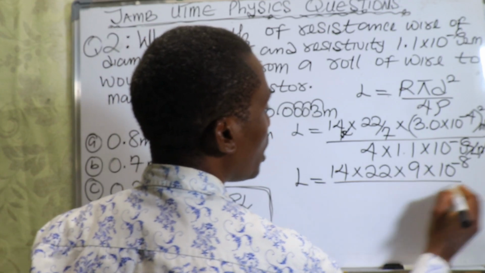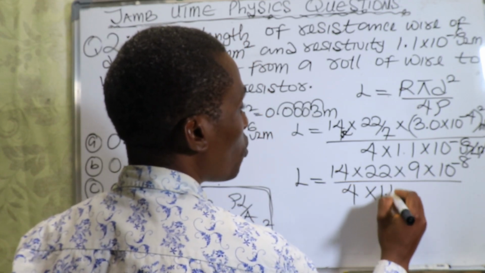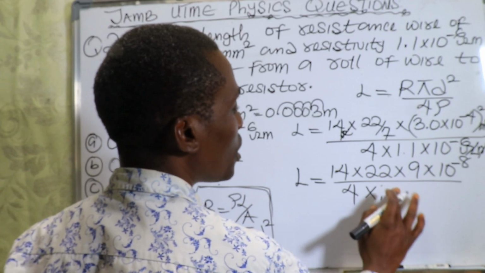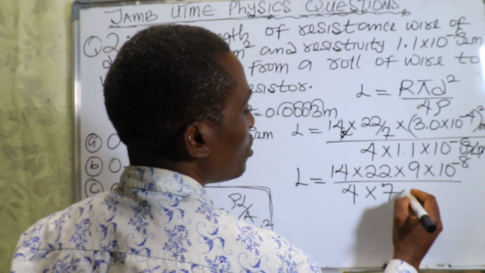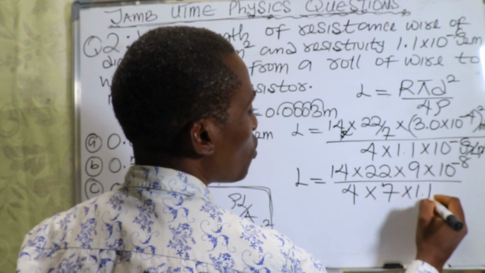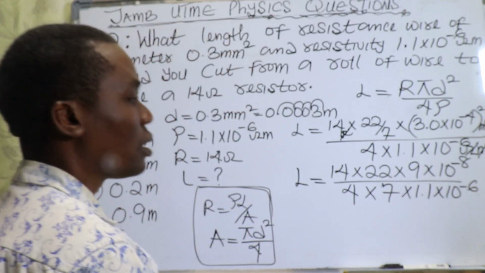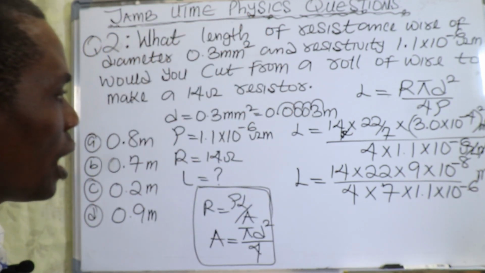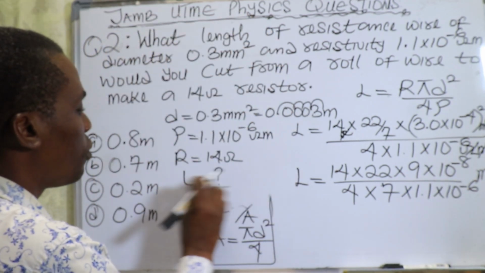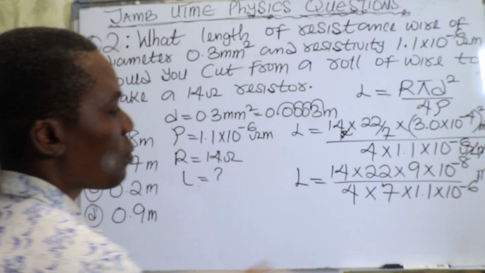All of these will be divided by 4 times 1.1, 4 times 7, because that 22 will enter 7 here, times 1.1 times 10 to the power of minus 6. All of them will be in meter. Now we can calculate this one. If we reduce this one, you will see that our answer will just come out.